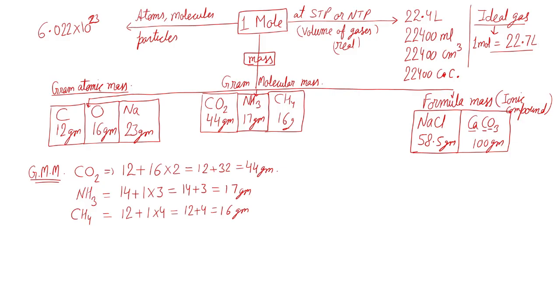Now the main thing that we have to study here is the interconversion of these values. As you can see, 1 mole of any gas always contains a volume of 22.4 liter, and 1 mole of the same gas contains the same number, that is 6.022 into 10 to the power 23 molecules.